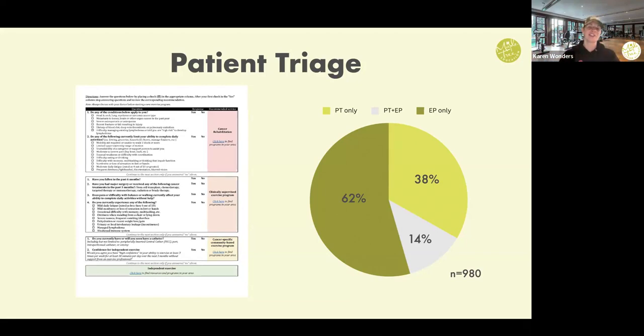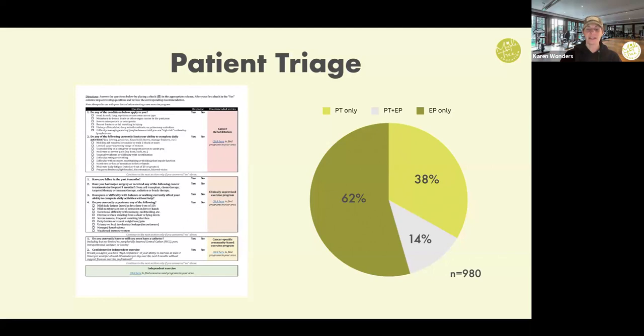We didn't have any patients here that were referred to community training, just because this was one of our clinical locations. So we had 980 patients take this patient triage tool. Of those, 62% qualified for the supervised clinical exercise training program. And then about 43% of patients qualified for physical therapy.